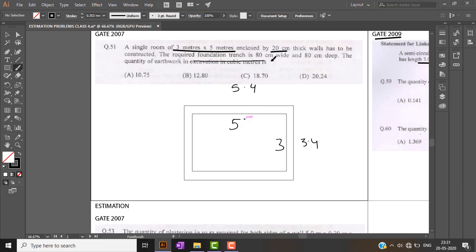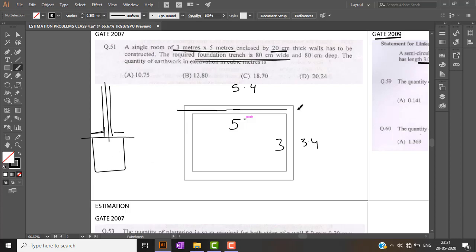The required foundation trench is 80 centimeter wide. See, suppose here we have a wall, we are seeing through the section. Suppose this is the center line of the wall. So the foundation trench will be equal from both the sides, so this distance and this distance will be equal.